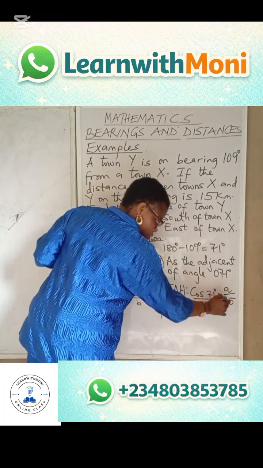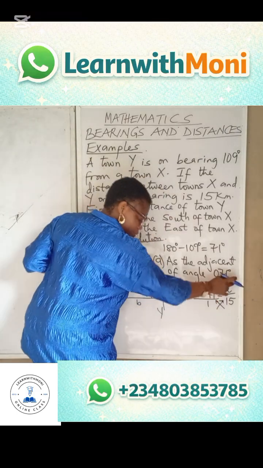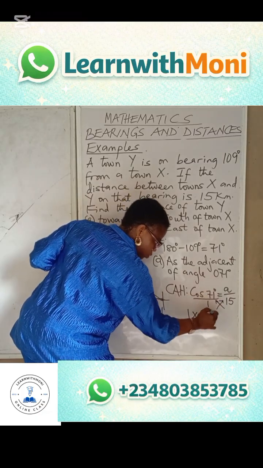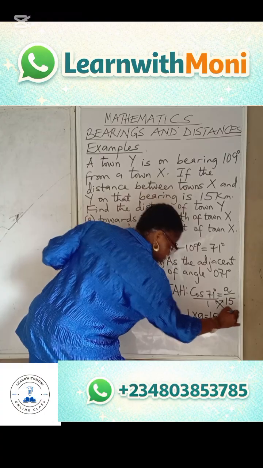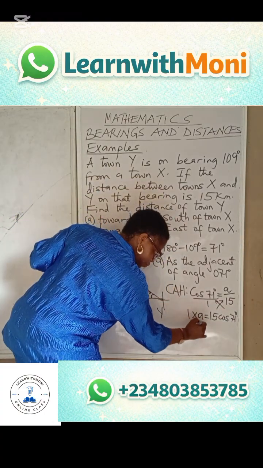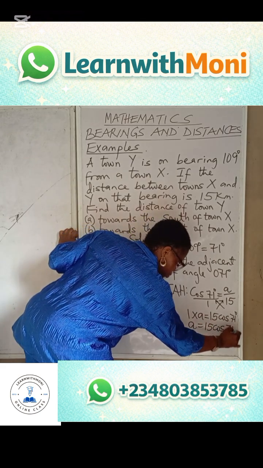For us to simplify this, we take a cross multiplication. 1 times A equals 15 cos 71 degrees. That means A is equal to 15 cos 71 degrees.